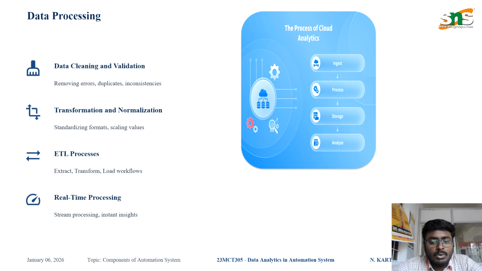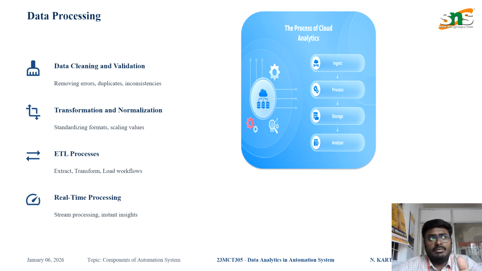The classic workflow is extract from the sources, transform as needed, and load into storage. In automation, we are increasingly using real-time processing with tools like Apache Hadoop and Spark Streaming to get insights, rather than batch processing overnight. This stage is crucial because poor processing leads to inaccurate data analytics.